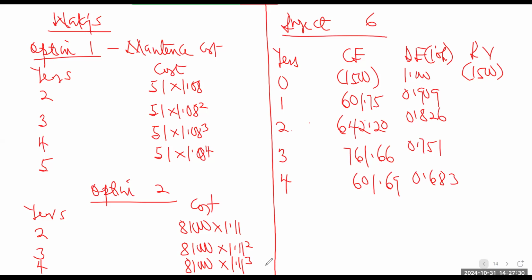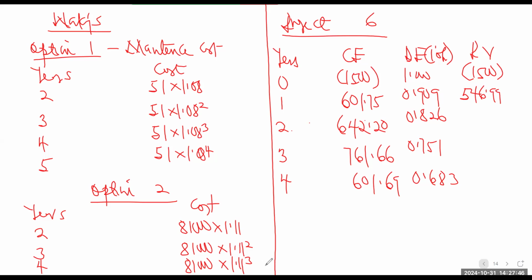Five four 6.99. Okay, what are we having? Year 3 is 572.01.